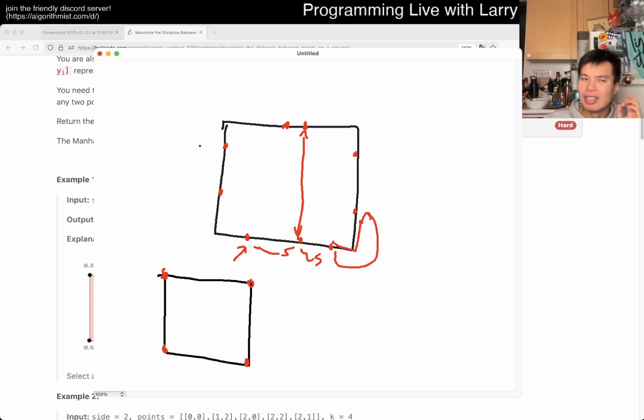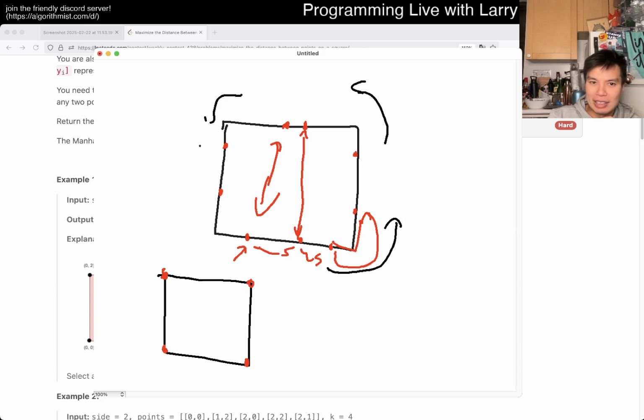Because of Manhattan distance, and because we don't care about the acrossness, you can kind of unroll this square, right? What I mean by unrolling the square is that it goes here, here, here, and then maybe here, but now you can think of it as unrolling: this is one side, this is 2 sides. This is me in the process of unrolling one.